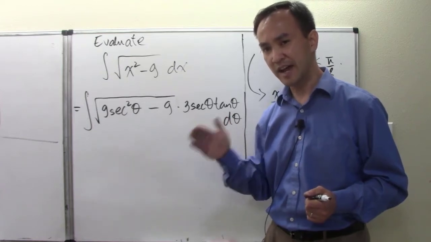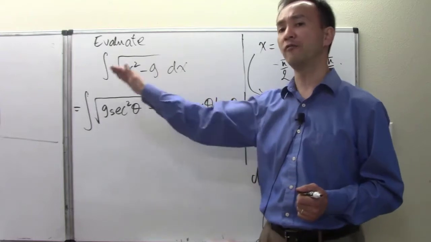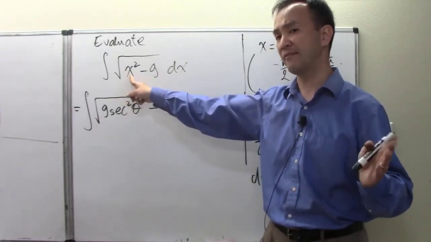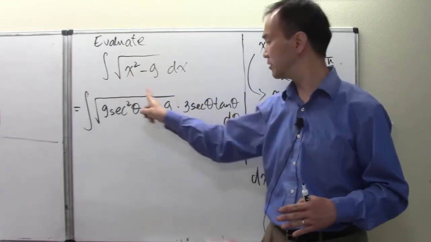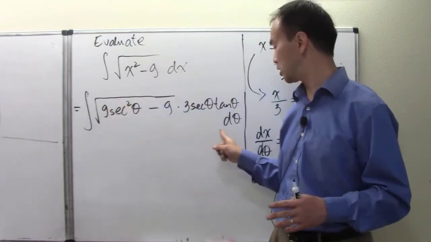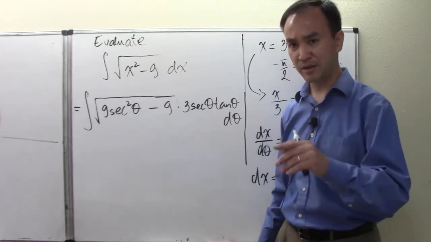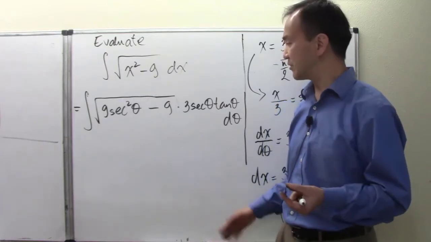You've got to ask yourself this question: have I completely washed away the old variable? Meaning the x variable was the old variable. Have I completely washed that away? Yes, I have, because nowhere in this current integral does the x variable appear any longer, including the d expression here. It's all completely in terms of theta now. So that means we did our complete substitution, and so now let's move on.